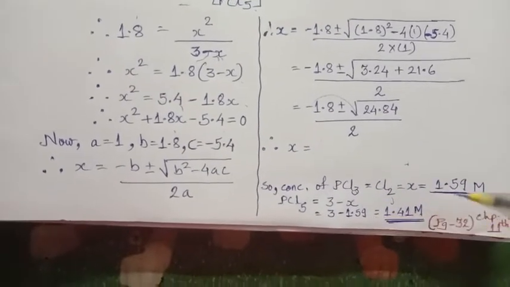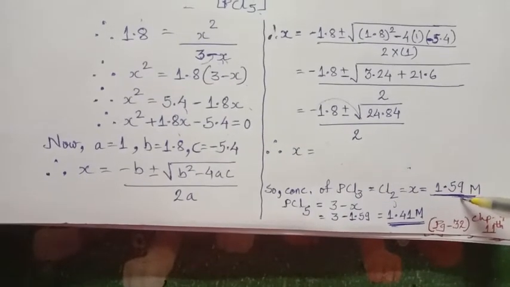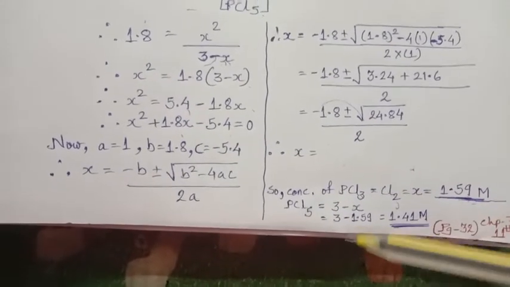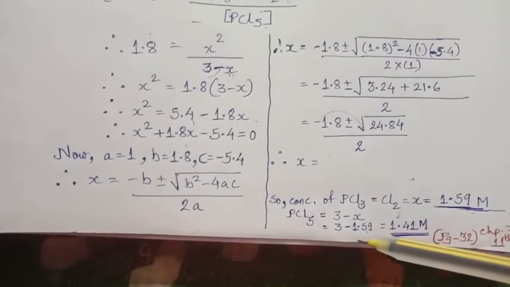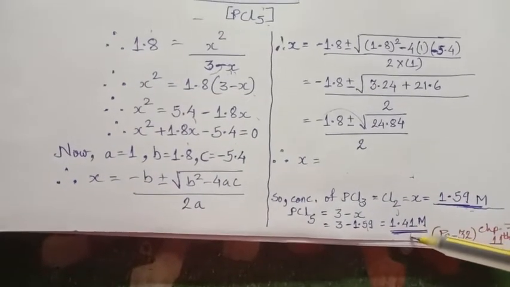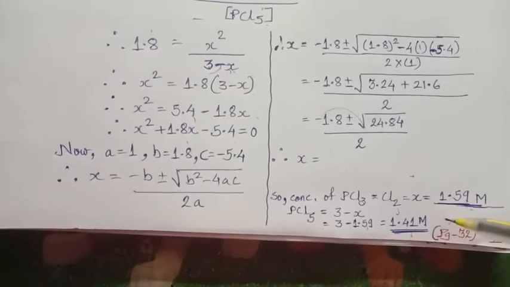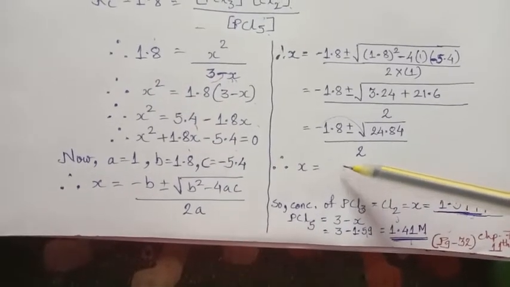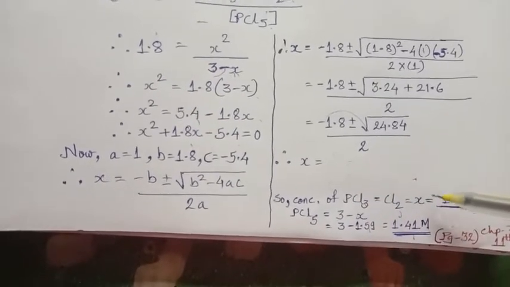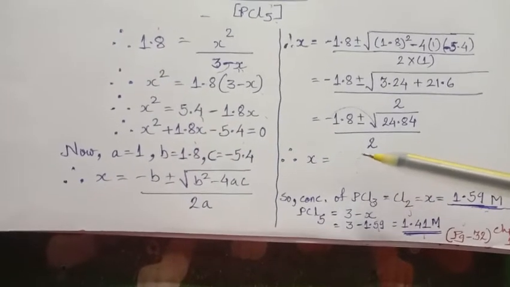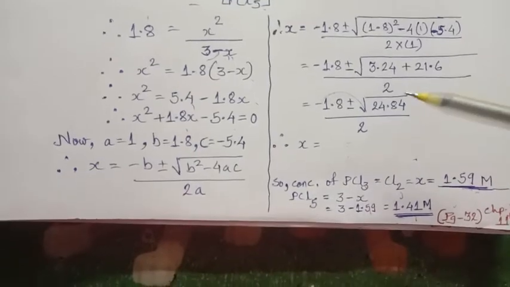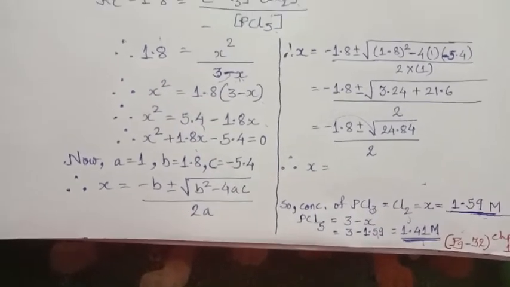Both products have a concentration of 1.59 and the reactant has 3 minus x. So 3 minus 1.59 is 1.41 molar. Please try to calculate it; maybe there will be a difference of 1 or 2 in the last digit, but you must know how to calculate with the help of your calculator.